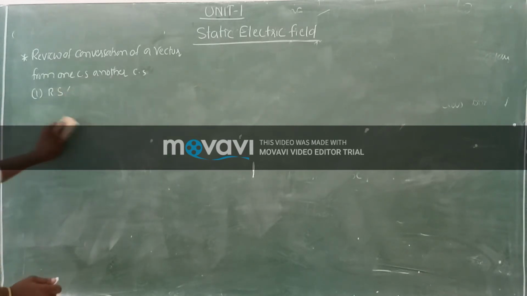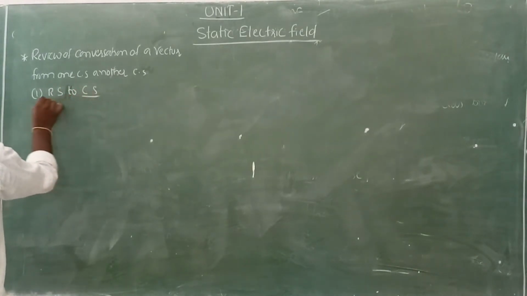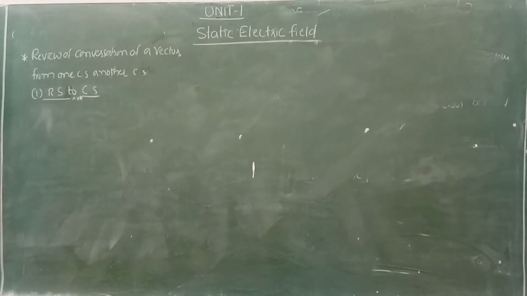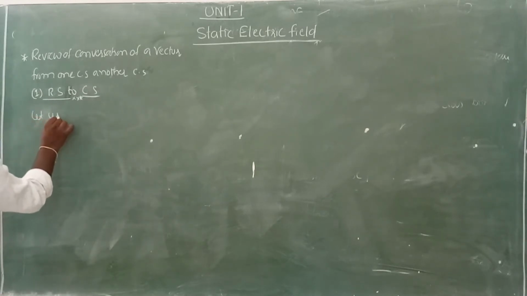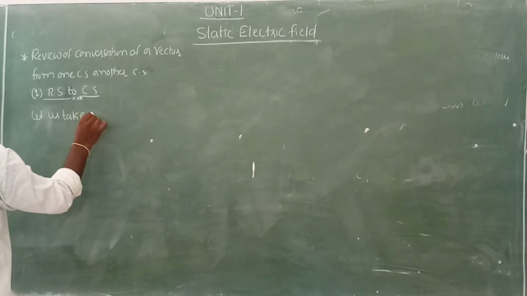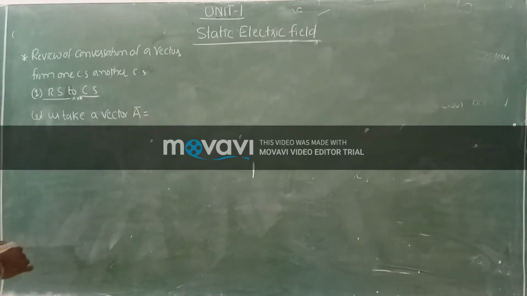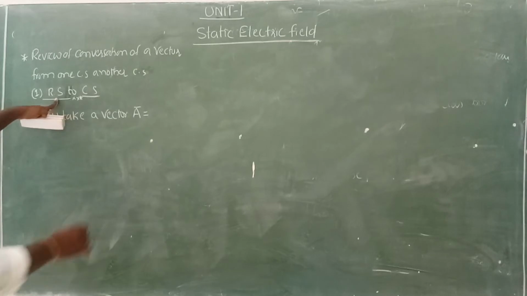To understand this, let us try to solve the conversion of a vector from rectangular coordinate system to cylindrical coordinate system. Let us take a vector A bar, capital A bar, in the rectangular or Cartesian coordinate system.